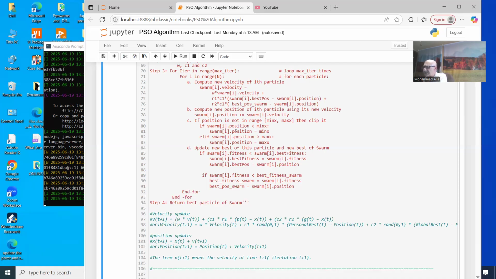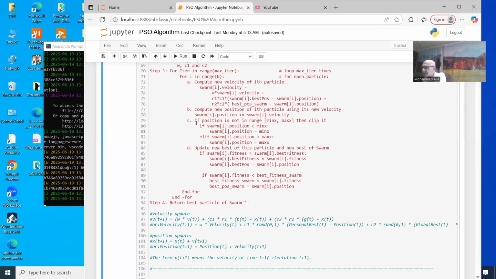Minimum x is assigned to swarm of I position. Also the same, if a particle is more than the bound maximum x, we assign the value of maximum x to the swarm of I position, to the particle I of the swarm position.